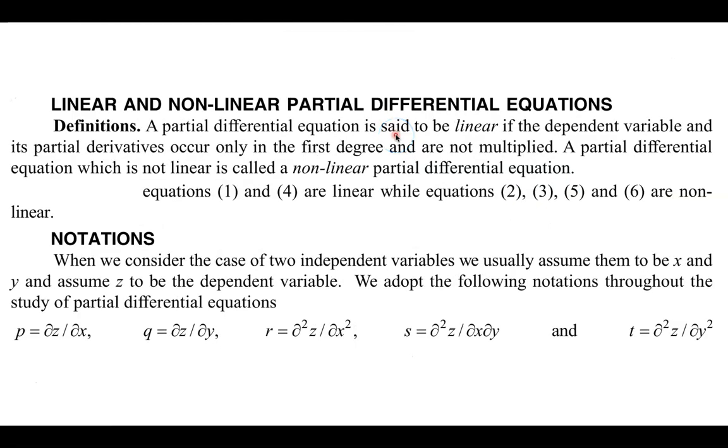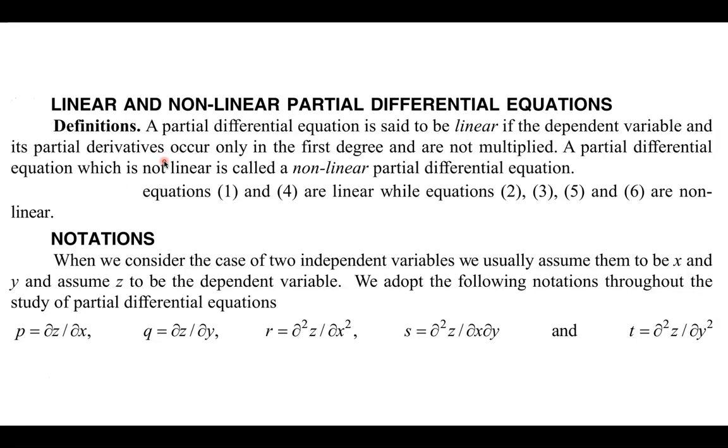Now let us discuss the definition of linear and non-linear partial differential equations. A partial differential equation is said to be linear if the dependent variable and its partial derivatives. In the previous examples, the dependent variable was z and the independent variables were x and y.